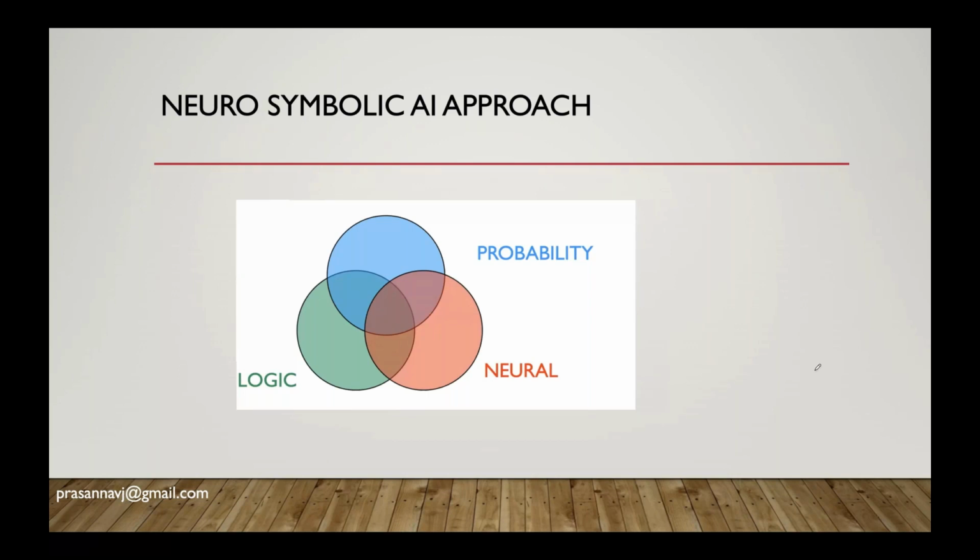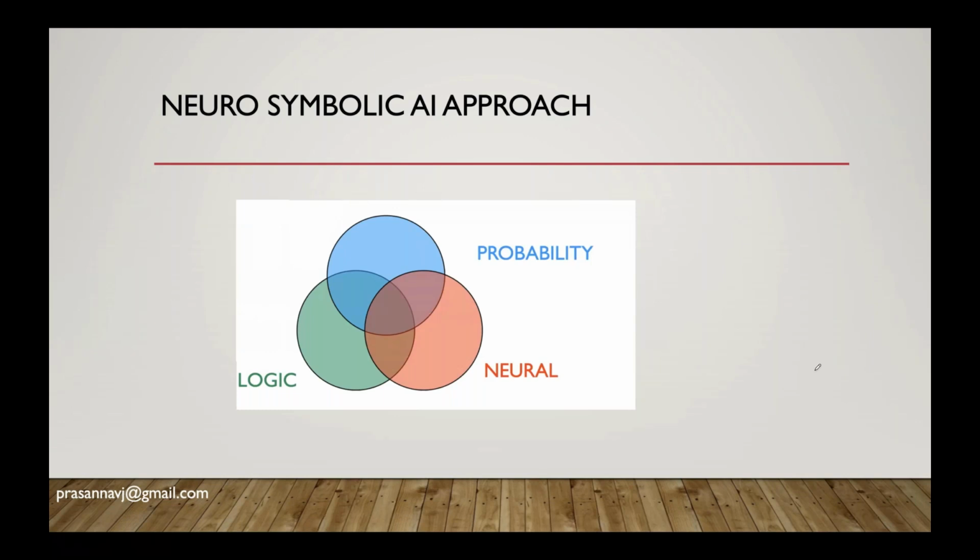So I would like to stop here, having given you the intro on what neuro-symbolic AI is, and we have looked at the first order logic and the knowledge representation. These two play a very important role in how neuro-symbolic AI works.